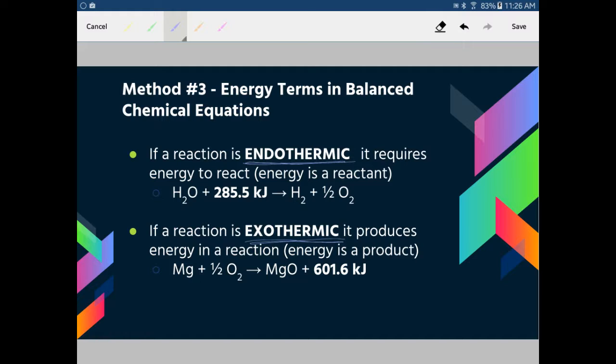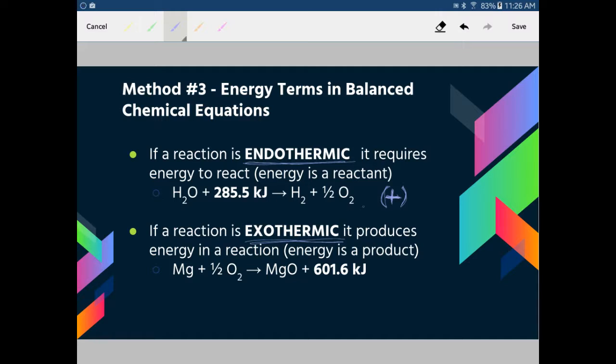If a reaction is endothermic, it requires energy to react. So we know so far that generally if we see a positive value, that means that we need energy and we have an increase in potential energy, but energy is required to react.